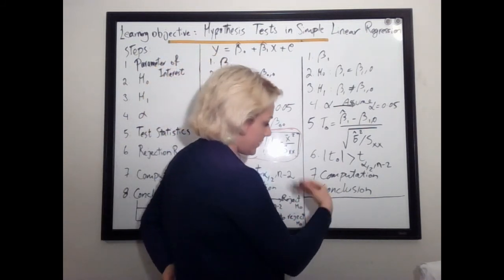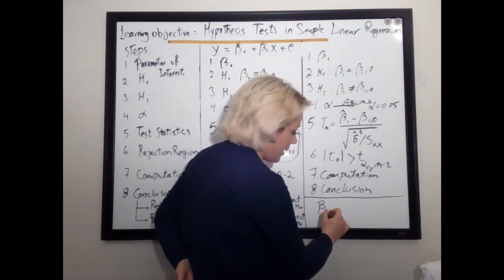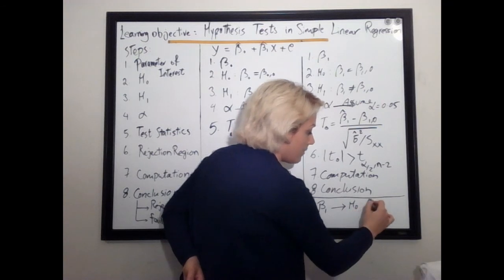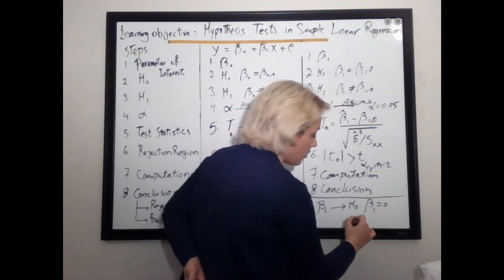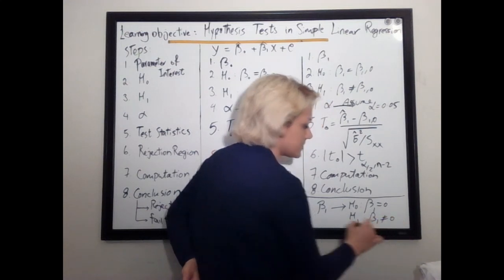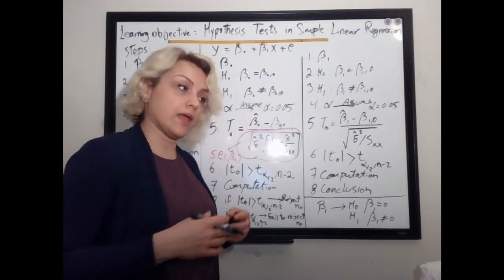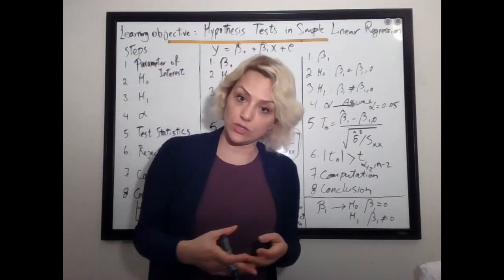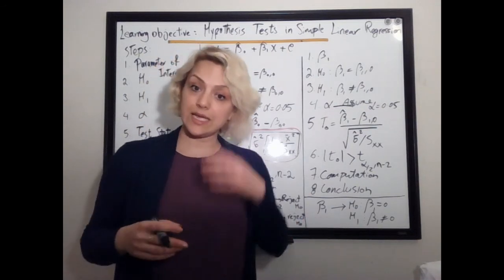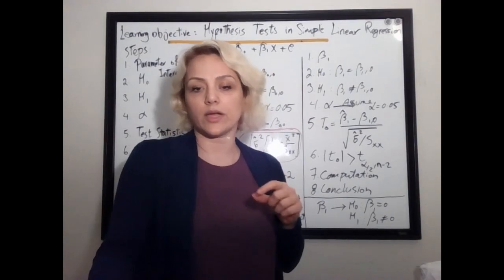It's the third category, and we are talking about the beta 1, and it's the time that we want to see if my beta 1 is equal to 0 as a null hypothesis and beta 1 is not equal to 0 as alternative hypothesis. So that's another one. I'm going to talk about it in another video. We use the ANOVA table for this one, and you can see it in the next video, which is about this one, and I'm going to talk about that in detail.